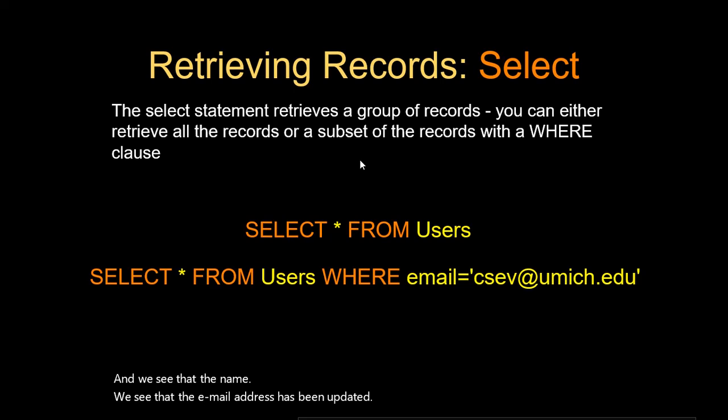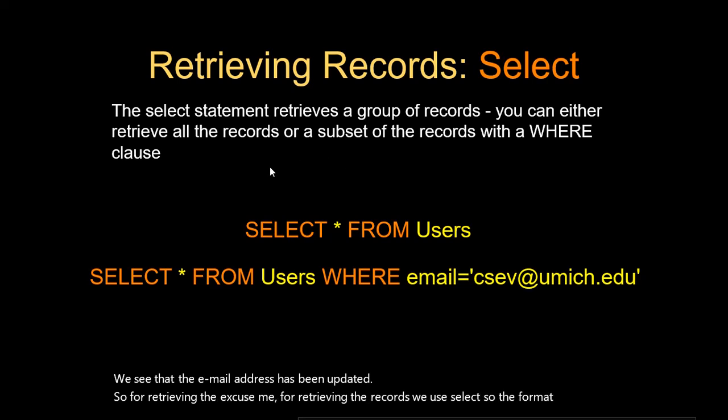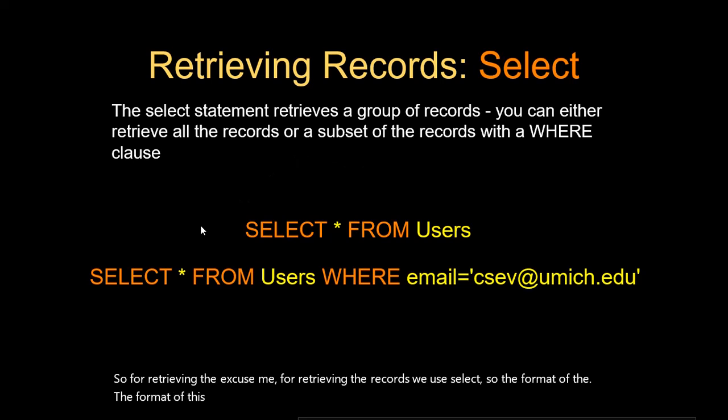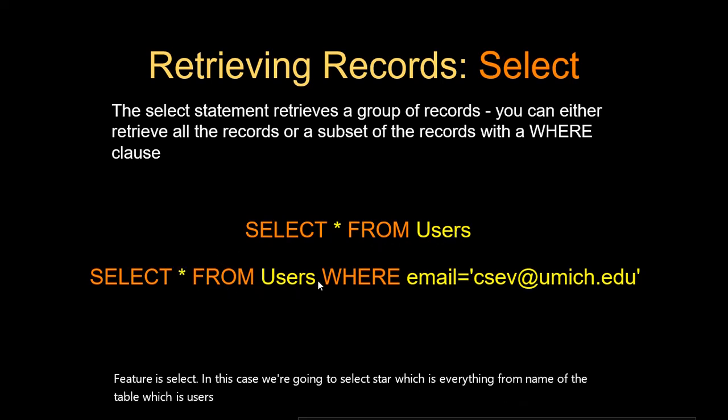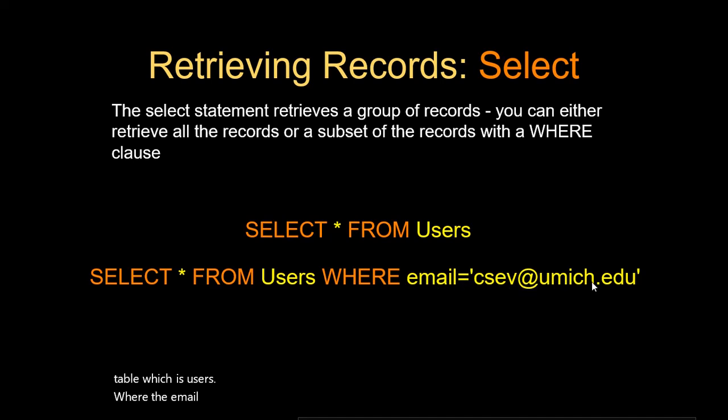So for retrieving the records, we use select. So the format of this feature is select. In this case, we're going to select star, which is everything, from the name of the table, which is users, where the email is this specific email.